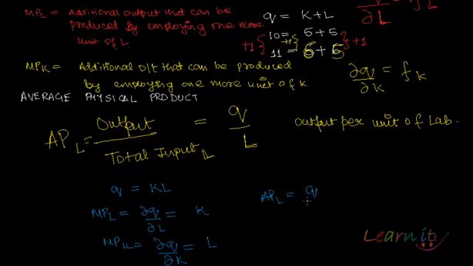It is Q by L, which is K into L by L, which is K. What is APK? It is Q by K, which is KL by K, and this is L. This is the way you find the average physical product and marginal physical product of labor and capital.